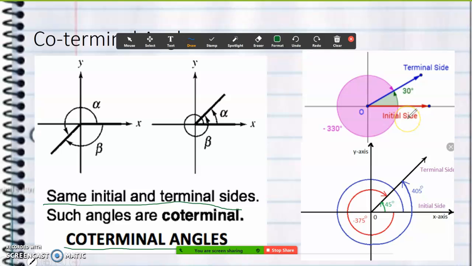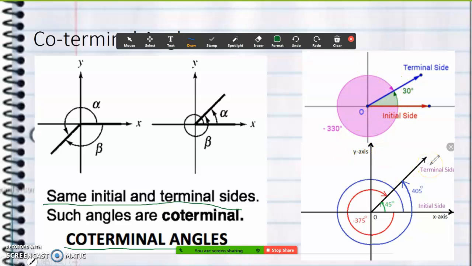The initial side is red, the terminal side is blue. If you were graphing negative 330 degrees, the initial side is still this red line, and then you go clockwise to get to the blue line. So these two angles are coterminal angles because they start and end in the same position.